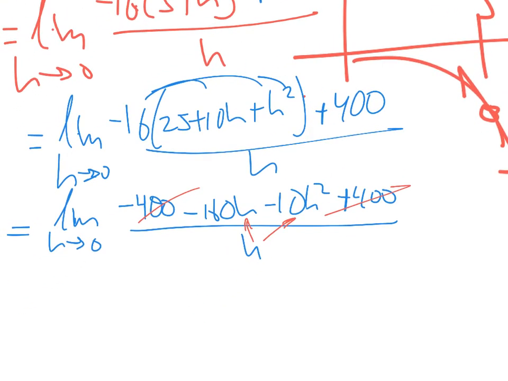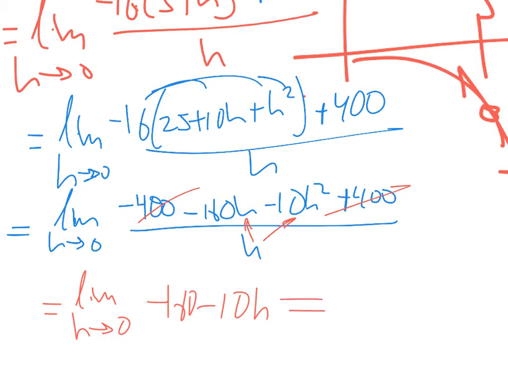All right, so the limit as h goes to 0, what's left? Negative 160 minus 10h. Okay, so we canceled both ways. Cancel the h here and cancel the h out of that term, and the 400s go away.